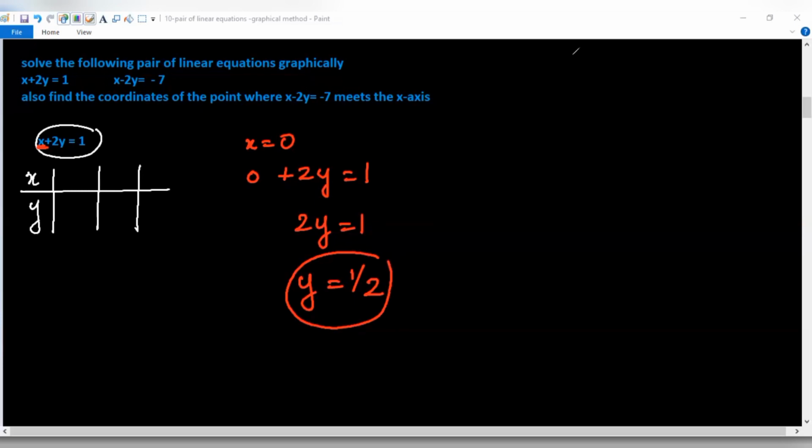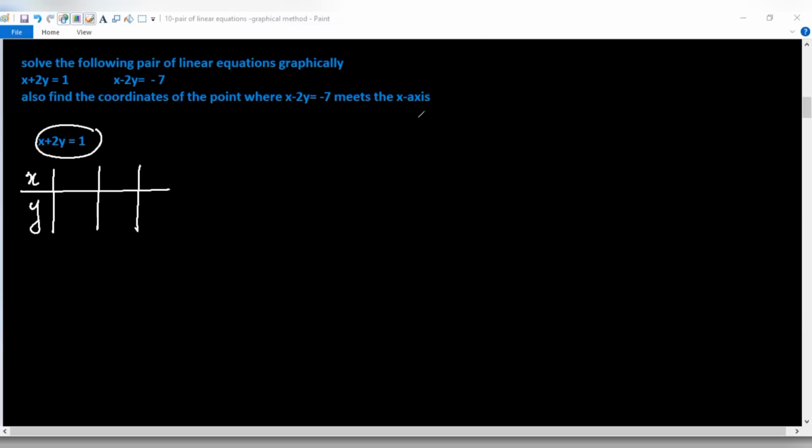So let us take x equal to 1. What happens when x is equal to 1? We have to put 1 here: 1 plus 2y equals 1. See, 1 on both sides, right? We can cancel them. In other words, if we take this 1 to the right side, it becomes 1 minus 1, so it gets cancelled.